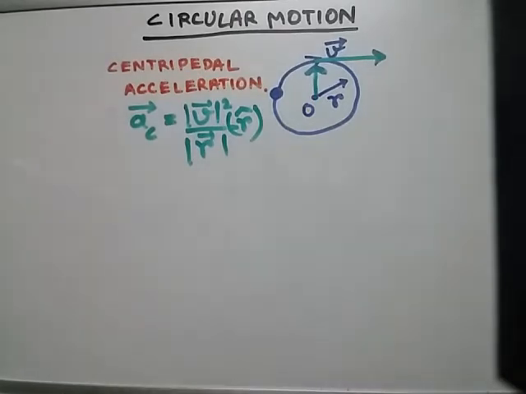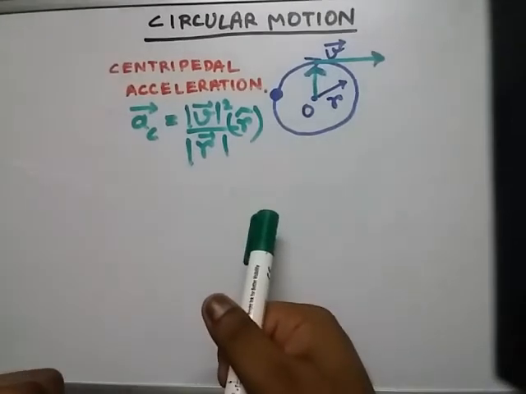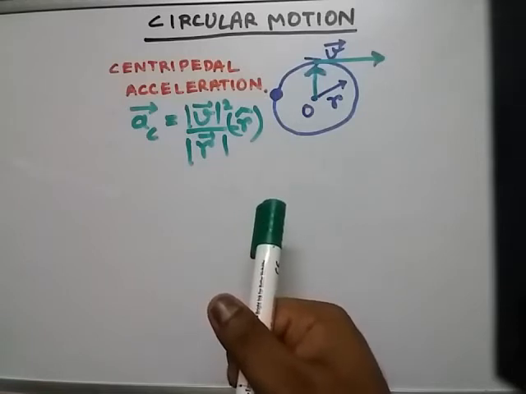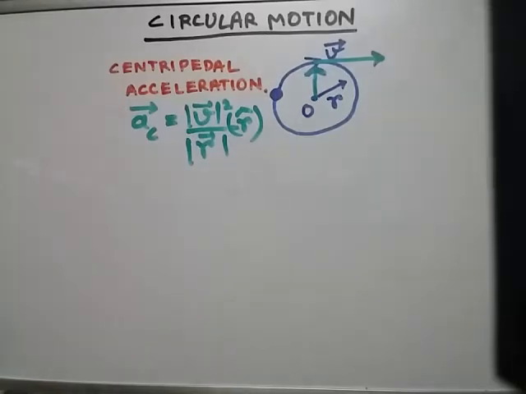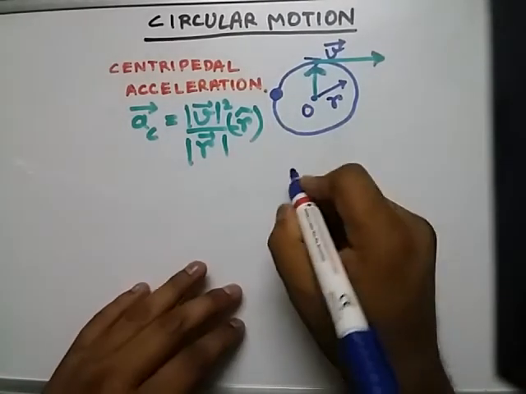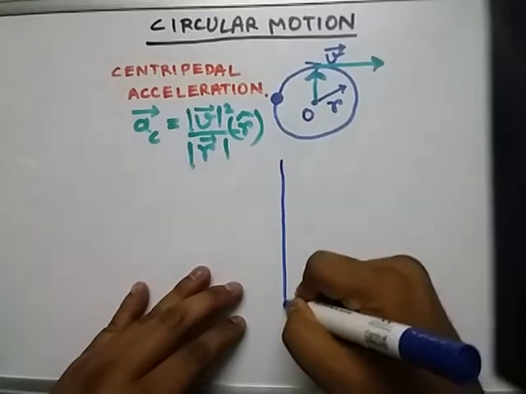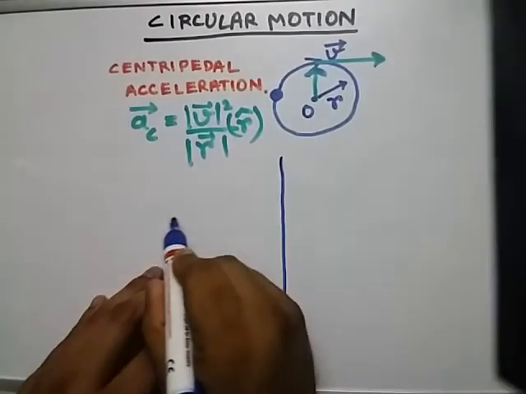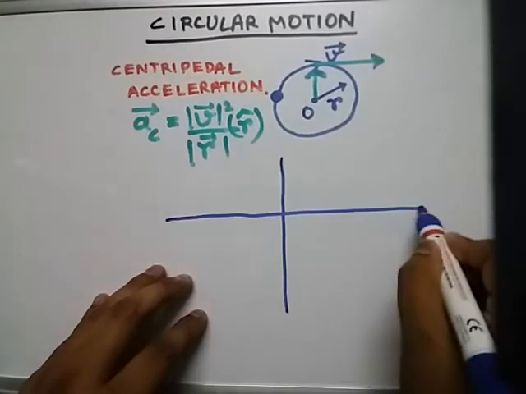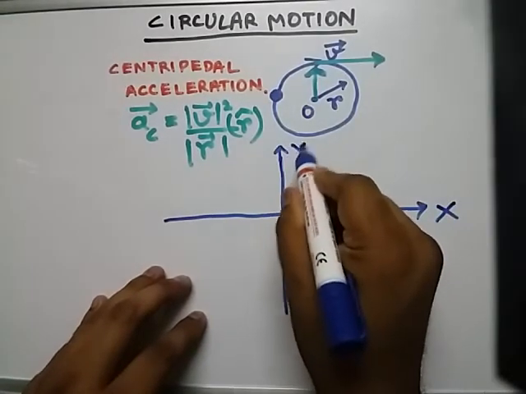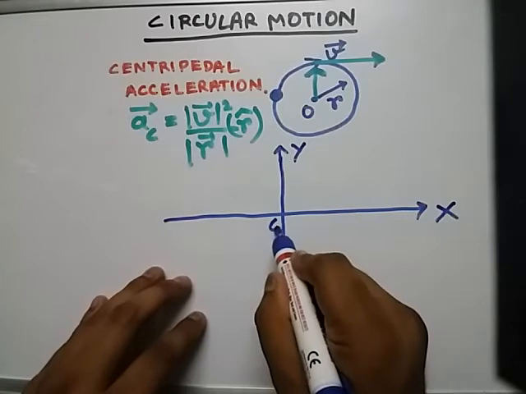Now let us first see the parametric equation, the parametric coordinates of a particle following circular motion about an origin O. Let me draw the coordinate axis. This is the x-axis, this is the y-axis, and this is the center origin.